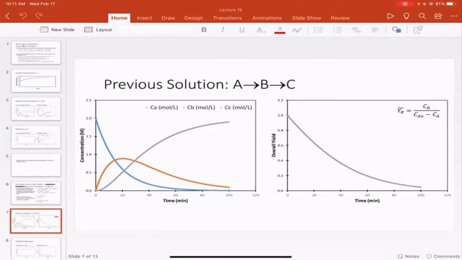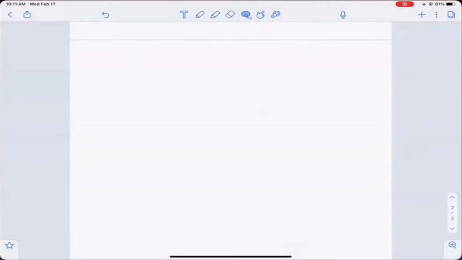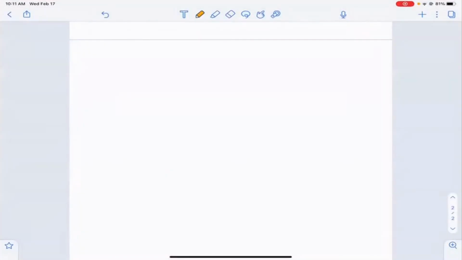So now 10 lectures later, we're thinking about the same system, but now it's not behaving isothermally. So let's have a look at this. If we remember our mass balances, right? Well, we know that RA, of course, is just minus K1 times CA.